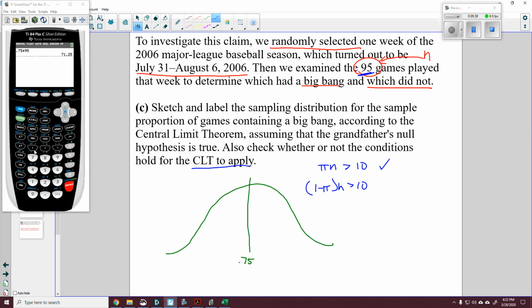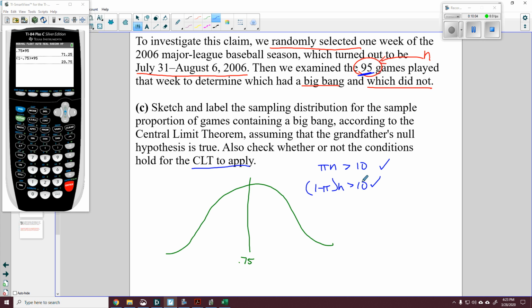And I'm going to go 1, let's use parentheses here, 1 minus 0.75, and I'm going to multiply that times 95, my sample size, and I find out that that is 23.75, so that is also greater than 10.